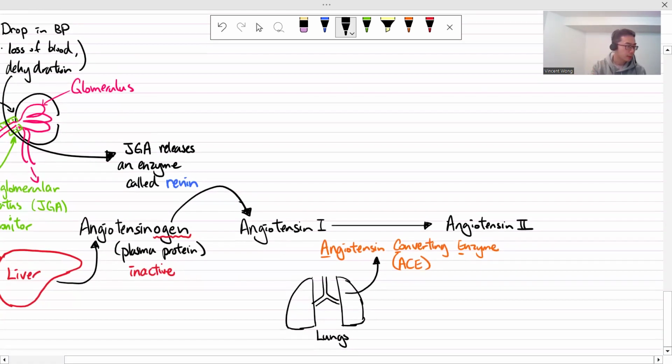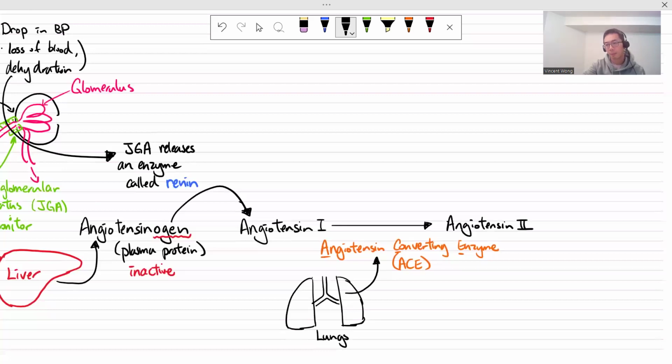Now let's backtrack a little bit. What's the problem right now? What's the problem we're trying to solve in the body right now? The drop in blood pressure. That's right. So how do we fix that? If our blood pressure is dropping, should we squeeze the blood vessels or should we make the blood vessels bigger?